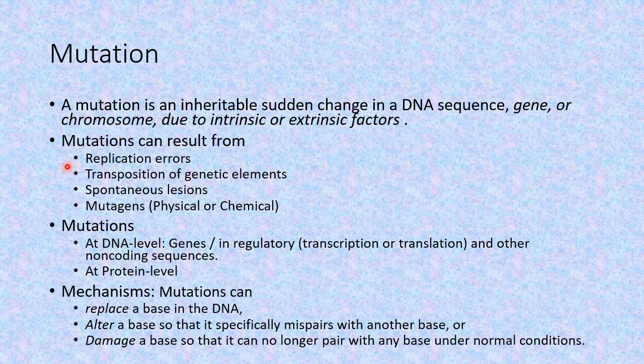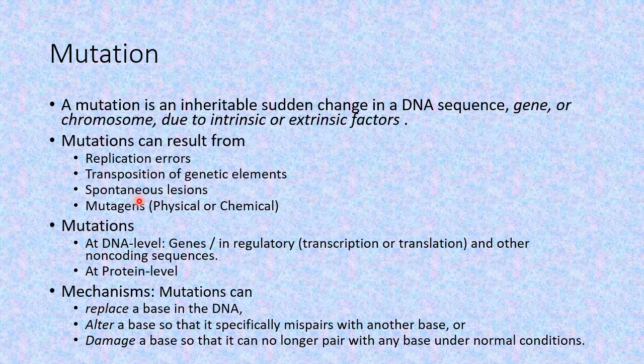So these mutations can result either from replication errors, that is, at the time when the DNA is being replicated, certain changes may take place in the nucleotides, the unit of mutation, or they may occur when certain gene elements transpose themselves, because of the presence of jumping genes, transposable elements.